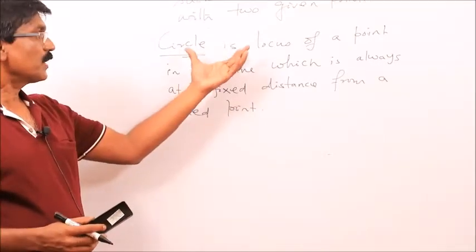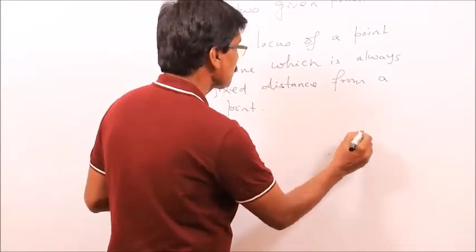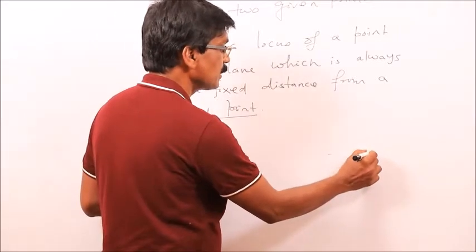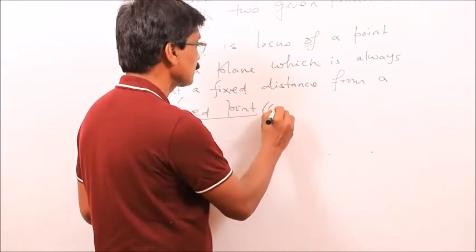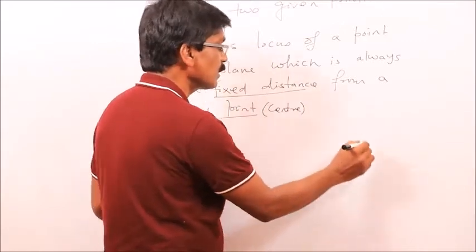Next we have a geometrical figure, that is the circle. The fixed point is defined to be the center, and the fixed distance is called the radius.